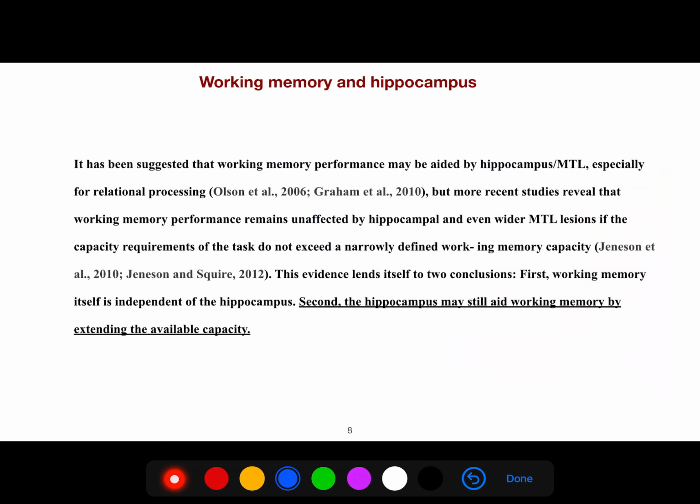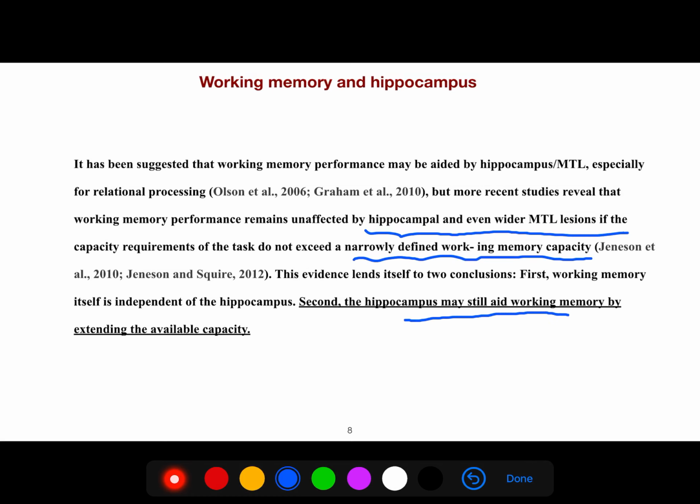So it has been suggested working memory performance may be aided by hippocampus, especially for relational processing. But more recent studies reveal that working memory performance remains unaffected by hippocampal and even wider lesions if the capacity requirement does not exceed a narrowly defined working memory capacity.